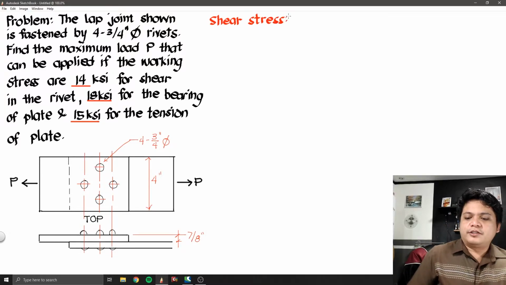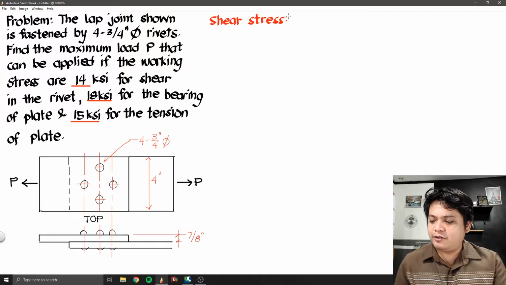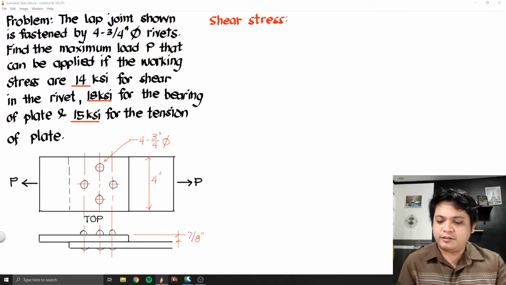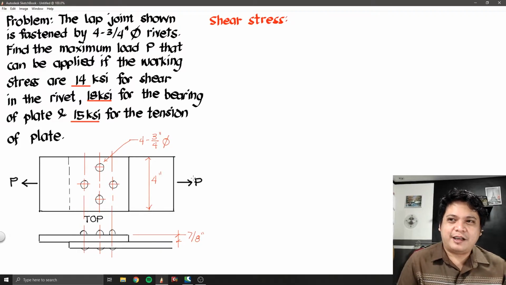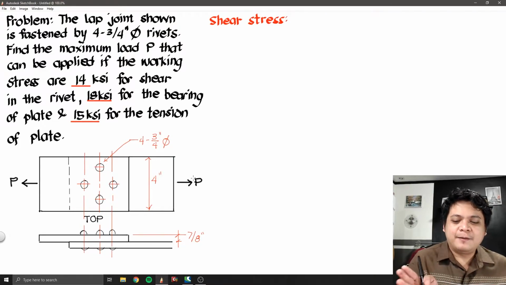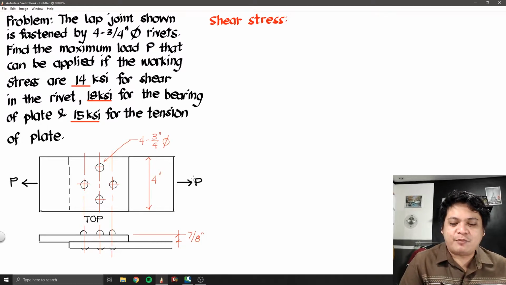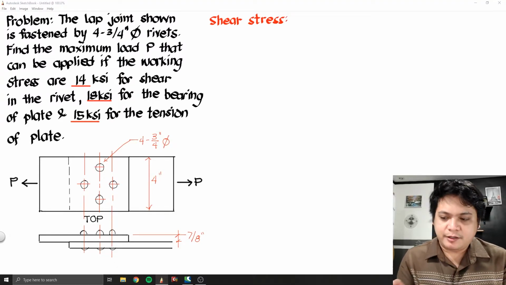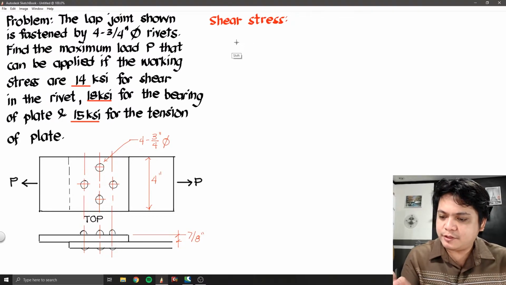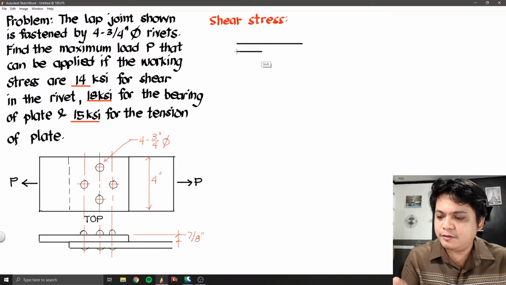So, assuming, meron akong isang force dito na P. Pili tayo ng kanan or kaliwa lang. Putulin natin. Kasi dalawa silang, puputol ako, hahatiin ko sa gitna. Kunin ko na lang yung top. Example.